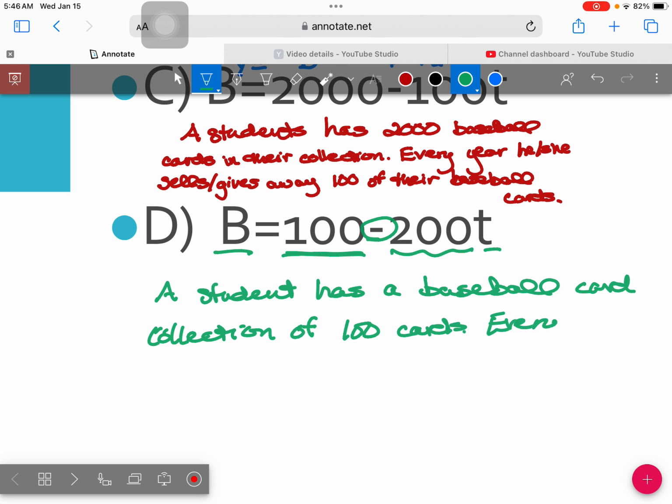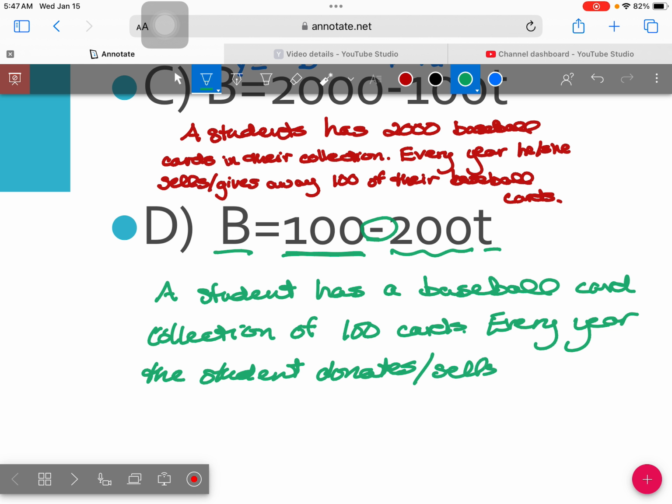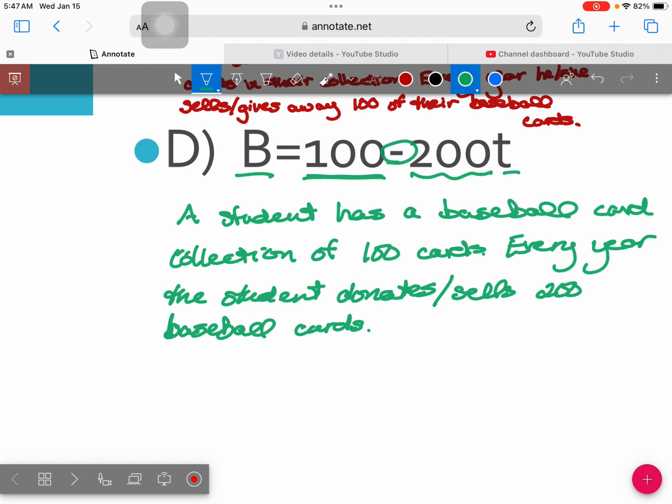Every year, the student donates or sells 200 baseball cards. Okay, that is literally what this equation is saying.